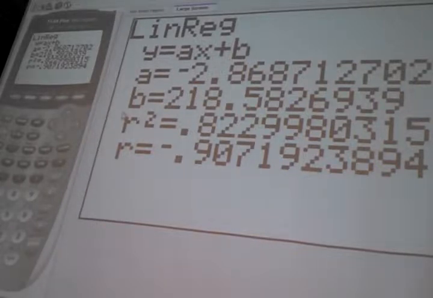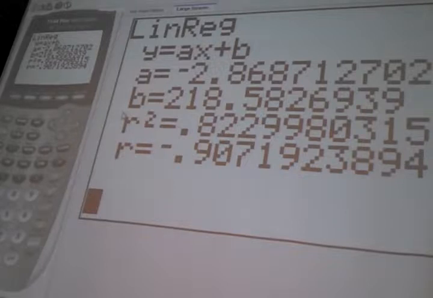For a sample of size 9, R has to be... Here we go. Good old lucky 0.666. So did we beat it? Yes, cool. In fact, for an even stricter test, it has to be about 0.8. And we're well above that.